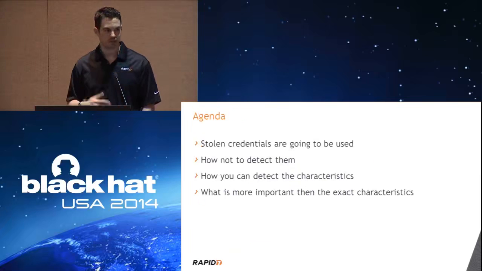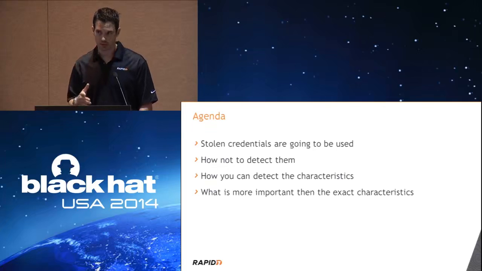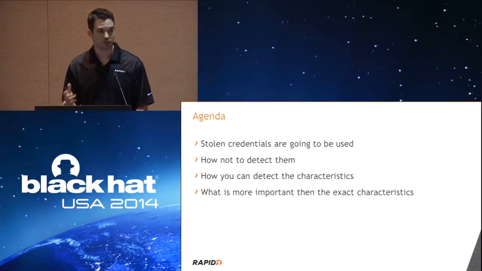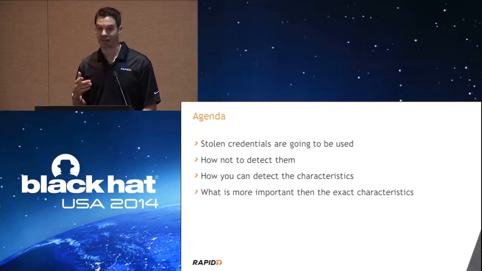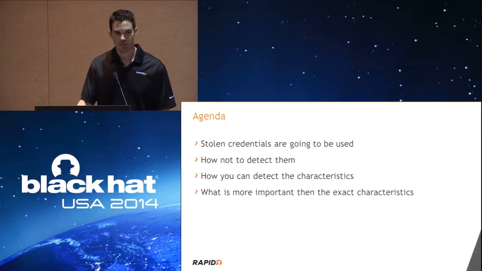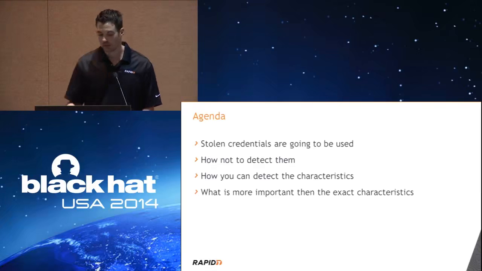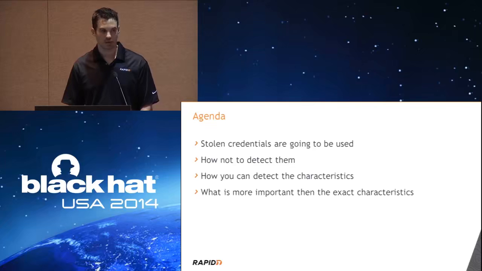Hopefully this is what everybody expected today. Really want to talk about how stolen credentials are going to be stolen, why you can be sure of that fact, then start to look at how you cannot detect them, how we failed at it, give you very specific examples, and then start to show you what characteristics, what data to look for, where you can get that data.